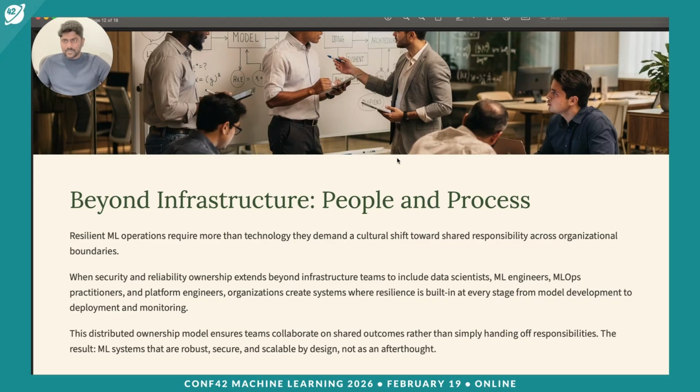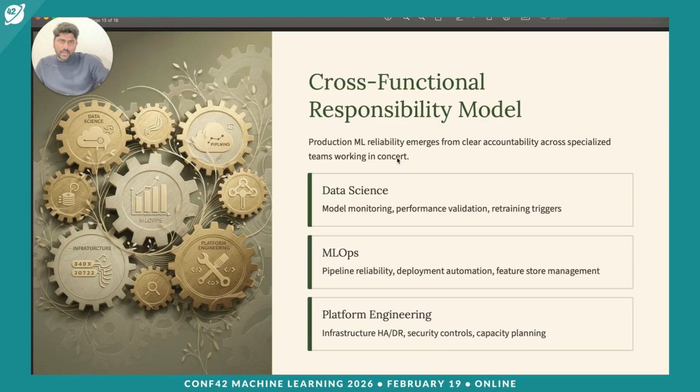So all these teams are critical and they have to go hand in hand by having a clear understanding and end-to-end deployment of these systems into production, where these key metrics are met. So this is what the cross-functional responsibility model looks like, and you can go through this slide, which will give you a clear understanding of how the cross-functional responsibility should look.